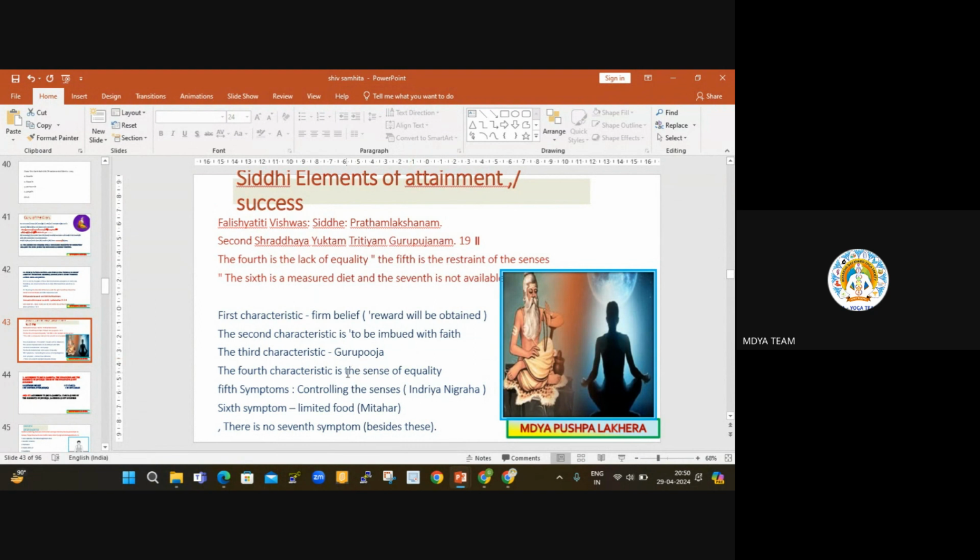And the fourth one is the spirit of universal equality. When one person sees everyone in an equal manner, that is one characteristic of a sadhak.